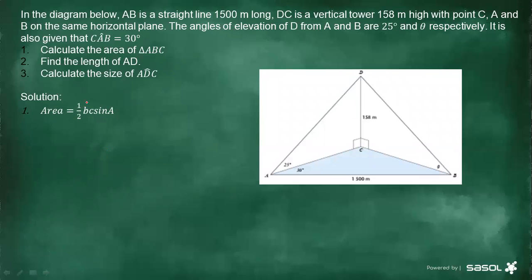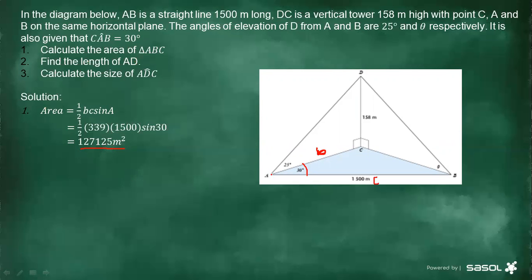Its area equals 1/2 b c sin A. This is going to be a small b, small c is this side, and then we have angle A. Remember, we determined AC, the length was 339, and this length AB is 1,500. You just substitute the values, press the calculator, and the area is 127,125 meters squared. Remember, the unit is also important. It's not units squared, but meters squared, because we have the units there.